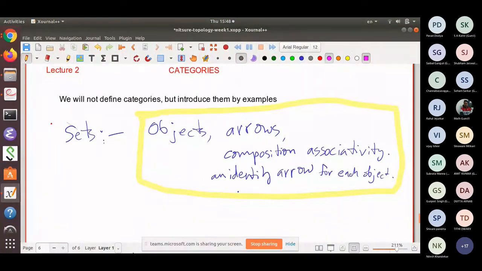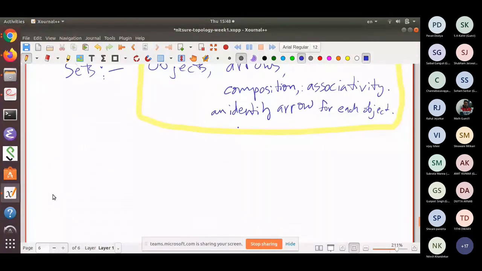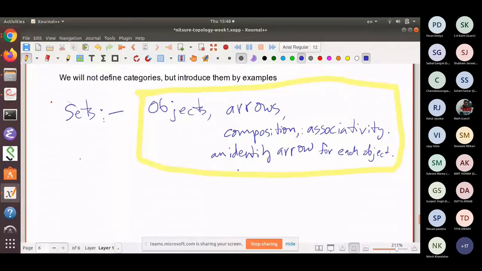Objects, arrows, composition, with associativity, and each object has an identity arrow. So let's see what are the objects. So the objects are sets. Each set is an object of the category of sets.